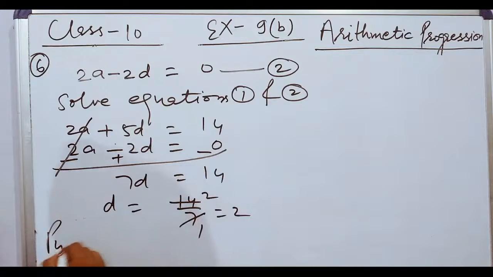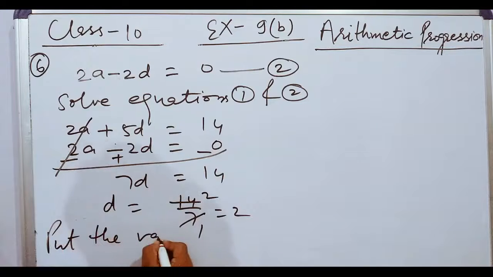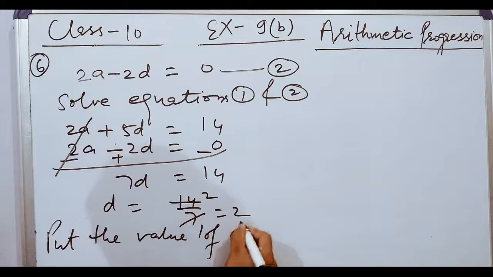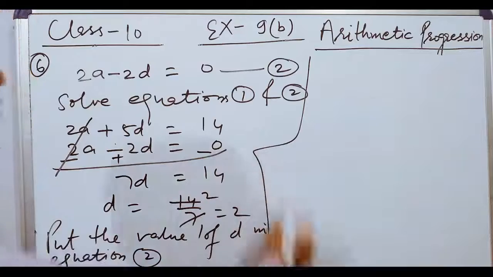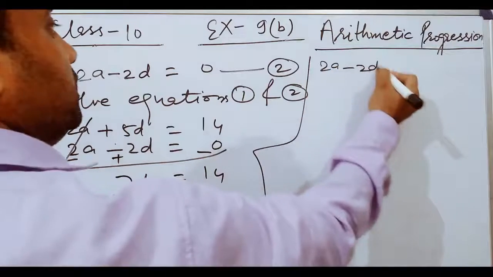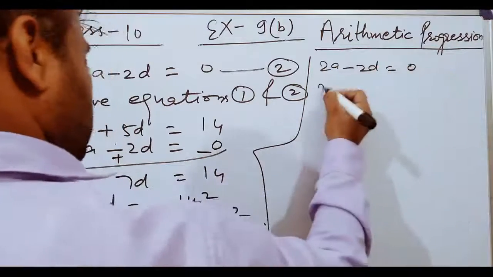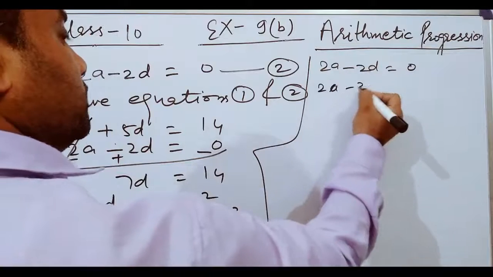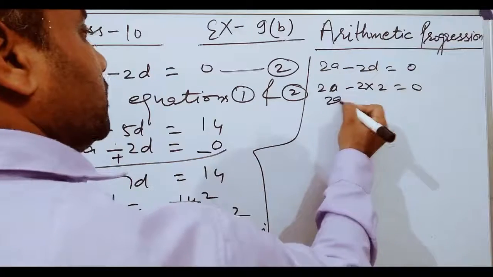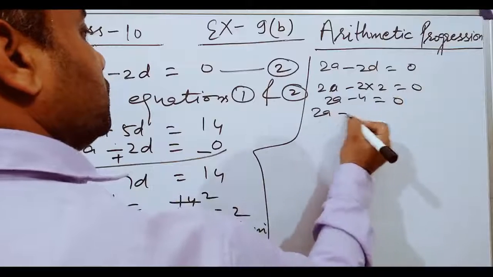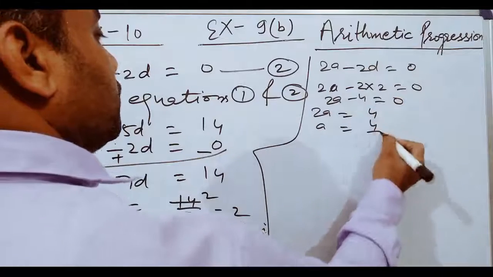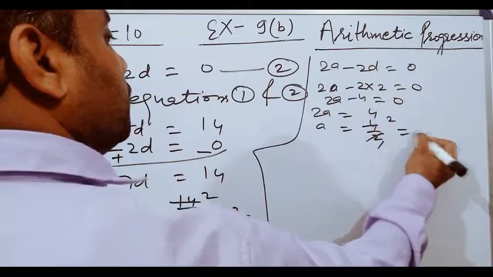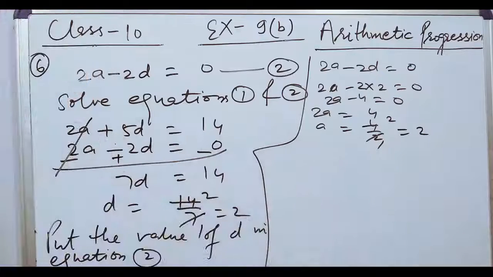Put the value of d in equation 2: 2a minus 2d equals 0, 2a minus 2 into 2 equals 0, 2a minus 4 equals 0, 2a equals 4, a equals 4 upon 2, which is 2. A and d both are 2.